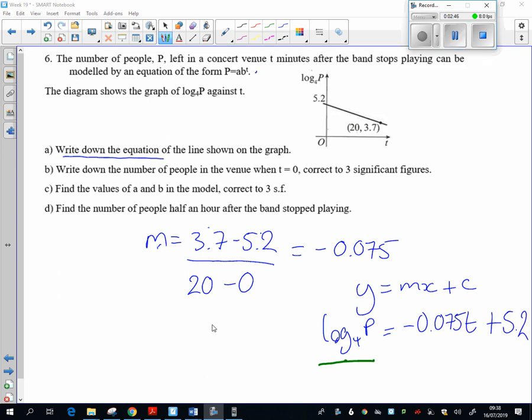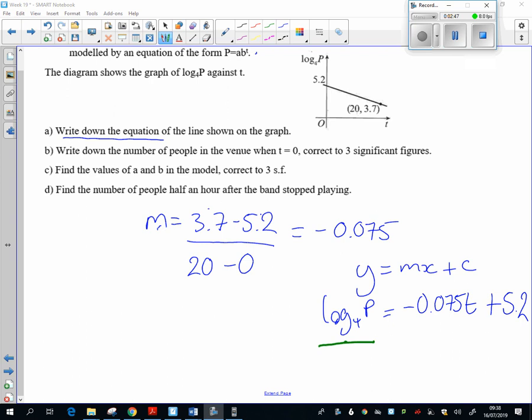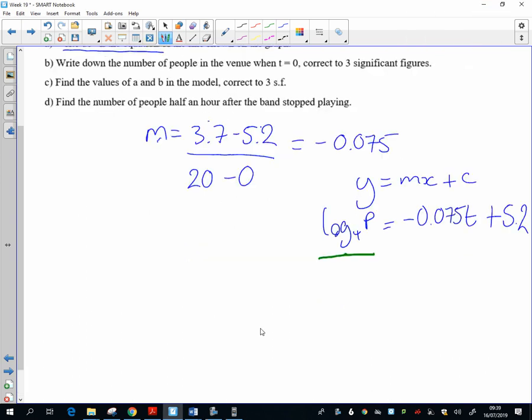Okay, so then part B asks me to write down the number of people in the venue when t is 0. So that was part A. So if I've now got this equation, I could write it back in its exponential form at this point, but to be honest, that's what part C is asking me to do. So the easiest way is just to take this equation of a straight line and sub in t is 0.